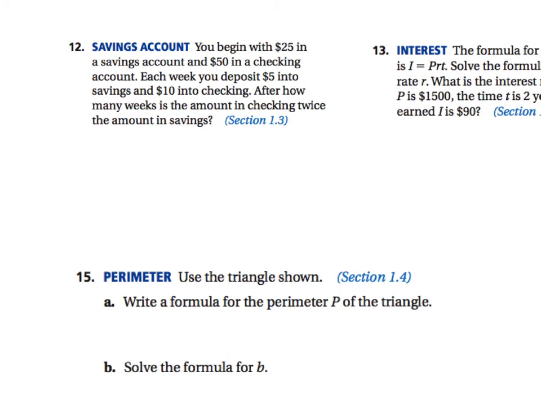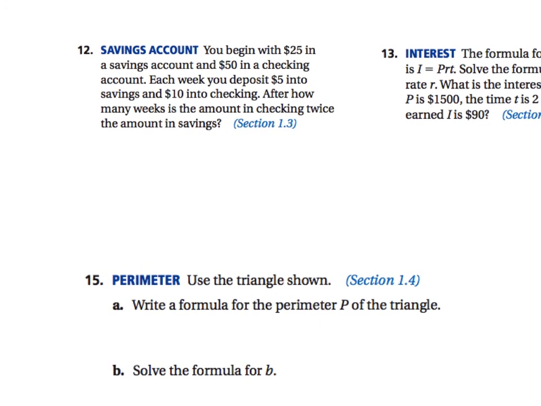On number 12, it says you begin with $25 in a savings account, and you deposit $5 into that savings account each week. And with the checking account, we begin with $50 and we add $10 each week into the checking. And they want to know after how many weeks is the checking account twice the amount in the savings.